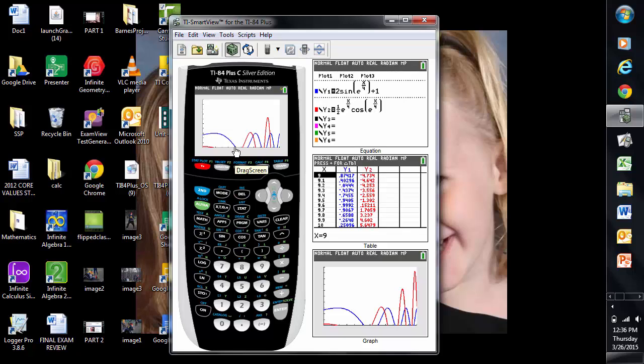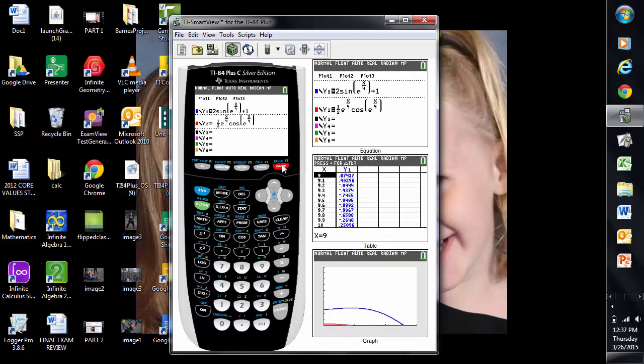If I tried to do second calc 0 right now, it probably wouldn't work because I don't have any negative values in my window. So I need to change my window. I'm going to go 0 to 6, and I'm going to go -2 to 10. And now I'm going to tell it not to graph the acceleration because I don't want to wait for it. So I make my equal sign not black, and I hit graph, and it's only going to show me the blue.